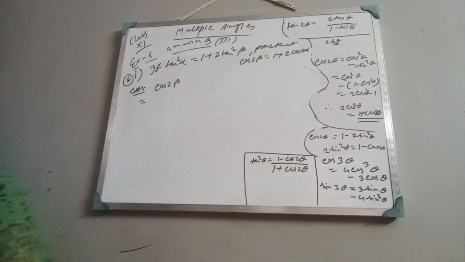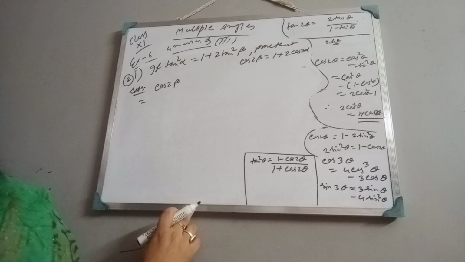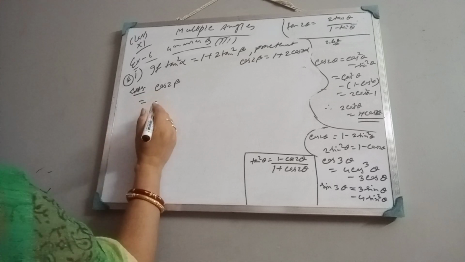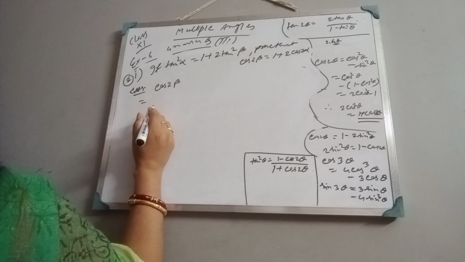Okay, this we know. This is one formula. Another formula is there: cos 2θ is (1 minus tan² θ) by (1 plus tan² θ).